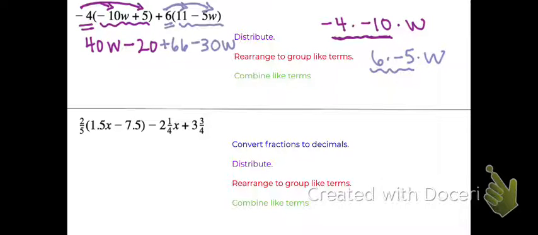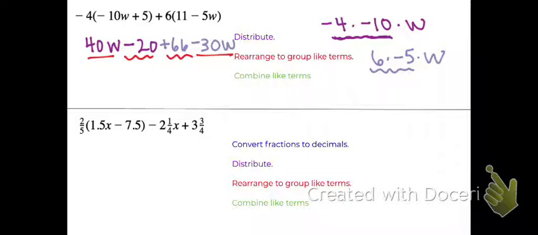Now from here, you could just identify your like terms, maybe put symbols around them, like one underline under the ones that have w's, and then squiggly lines here. Or you can use the commutative property, which allows you to rearrange numbers that are added together to group those like terms together.